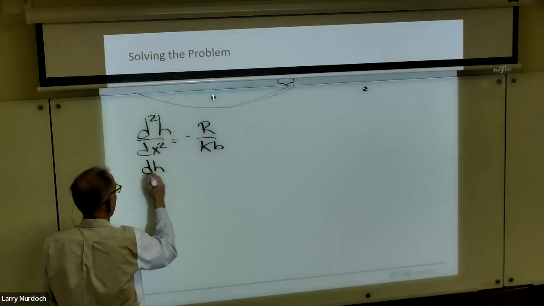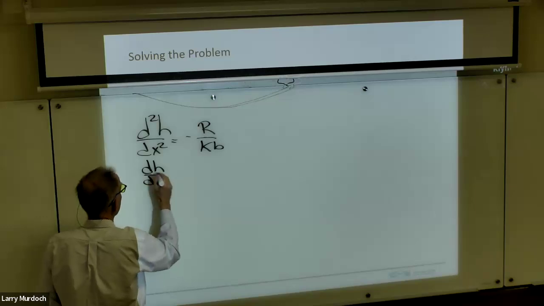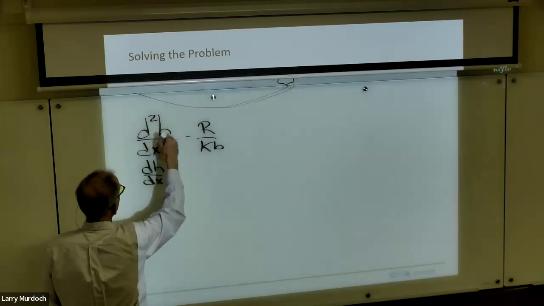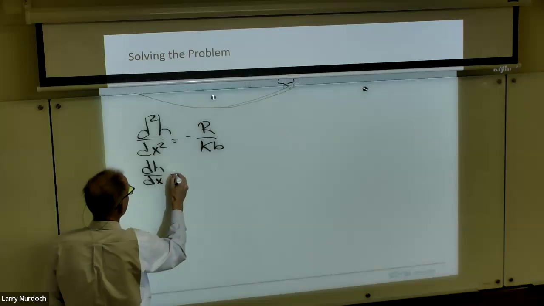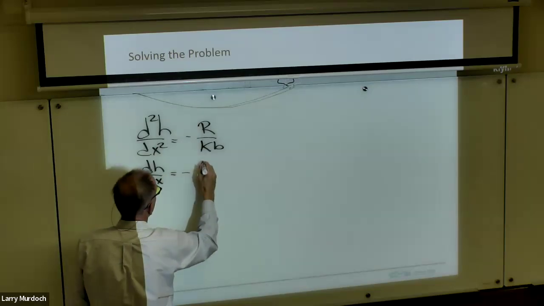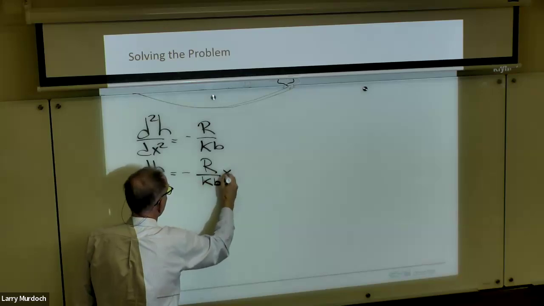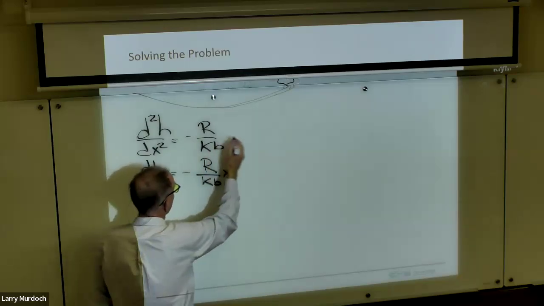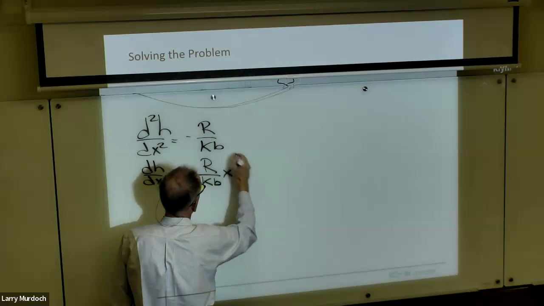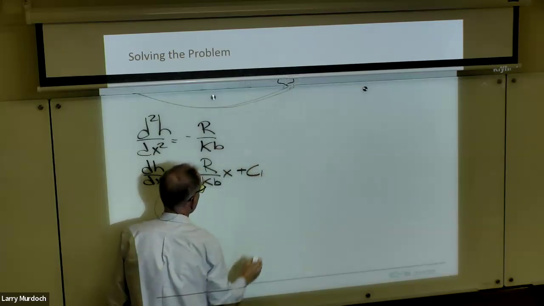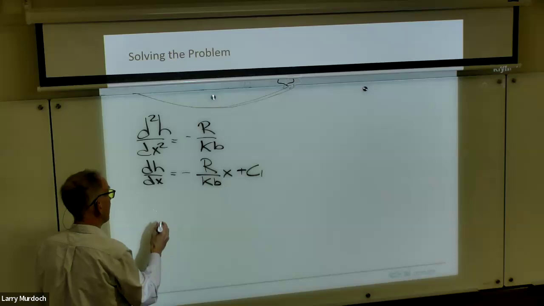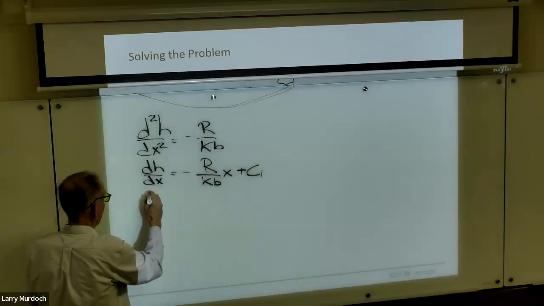So we integrate once. We got a second derivative here. We integrate once, we get a first derivative, and we integrate this side. This is constant, so we integrate a constant, you get a function of x, and there's another constant of integration. We integrate again.